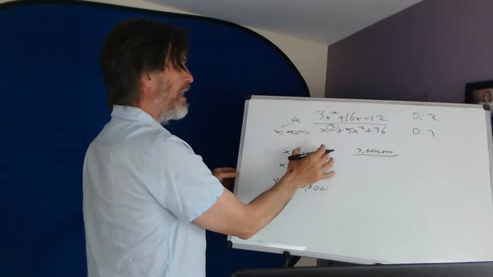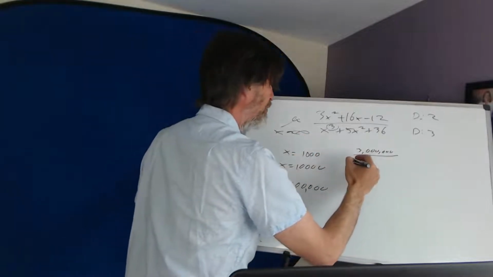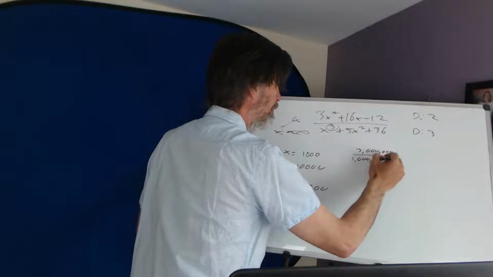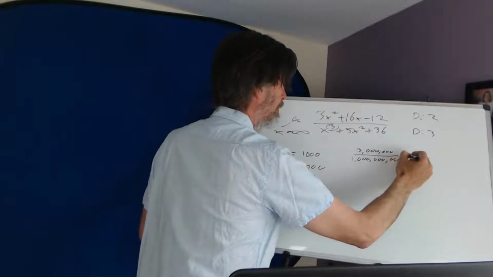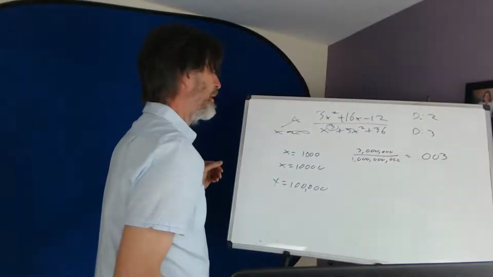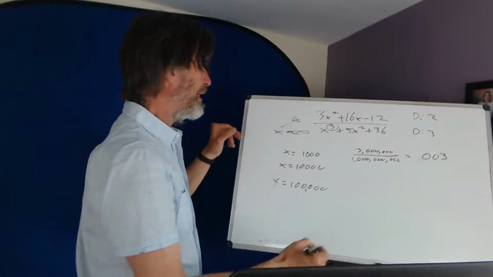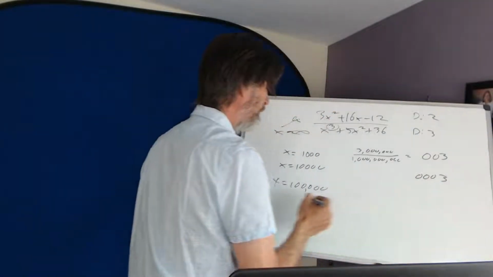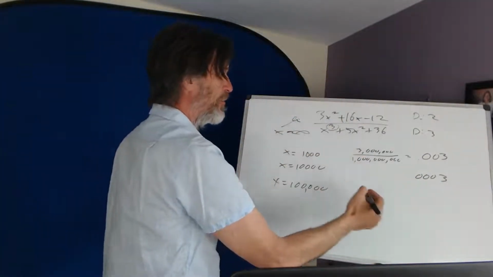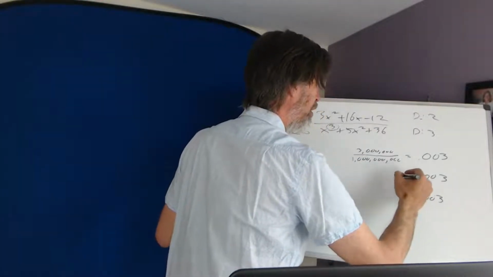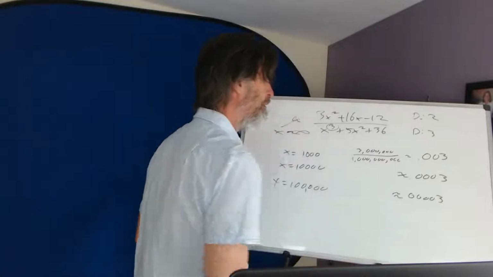And the denominator will be 1,000 cubed, which is 1 billion. Already we're somewhere around 0.003. If I throw an extra 0 in here, the next one will be really close to 0.0003. If I throw another 0 in for my x, the next one will be 0.00003. All of those are approximations.